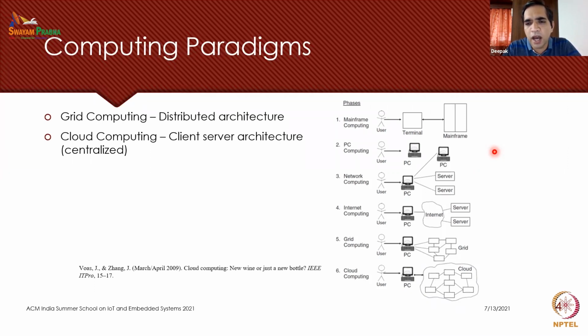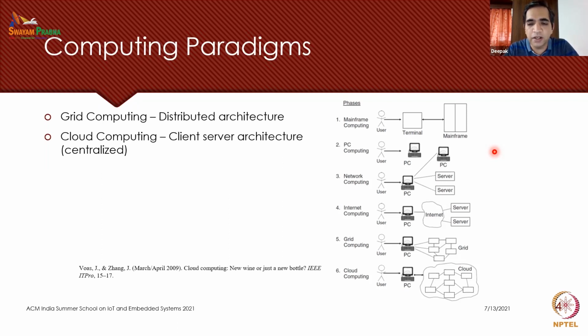This of course brought a lot of improvement in terms of what could be done and how things could be scaled in terms of computing. But we could go further, right? Why stop at one local area network? So people started connecting different local area networks.